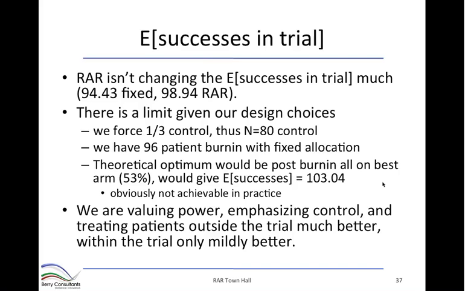So our 98 isn't that far from that optimal, and the 94 for fixed just also happens to be good. And again, this is a choice. If my goal was to treat patients in the trial, and that was my primary goal, I wouldn't design it this way. I would have less of a burn-in, and potentially I'd allocate away from the control arm. That would cost me power. So you've got to match these up.